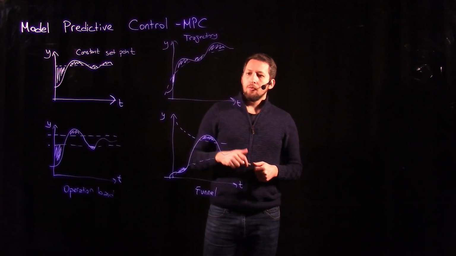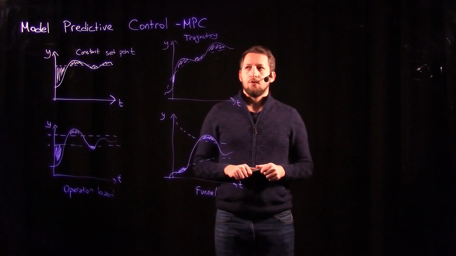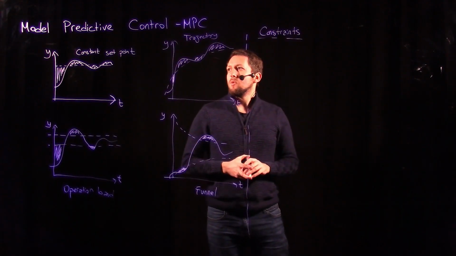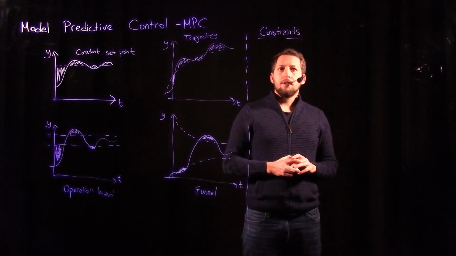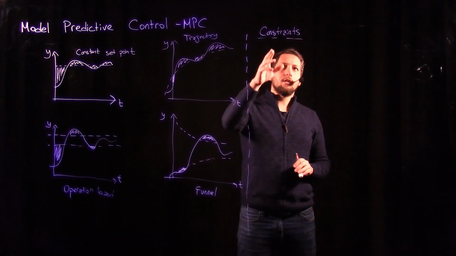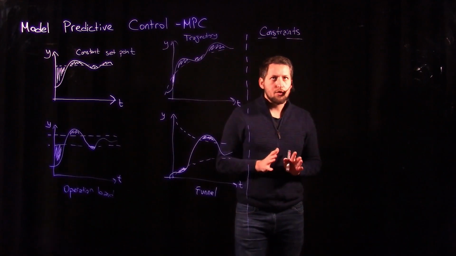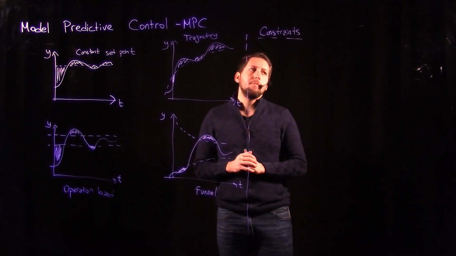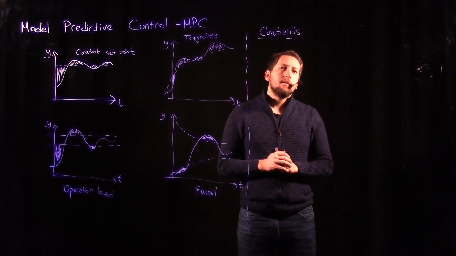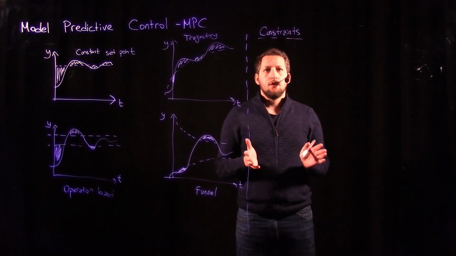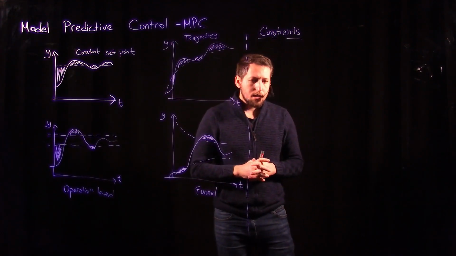Okay, and now we are going to jump into the constraints. The last thing that I would like to mention at this specific part of our lecture is the constraints. There are different types of constraints within the formulation of MPC, and they can be named hard and soft constraints. So what is a hard constraint?